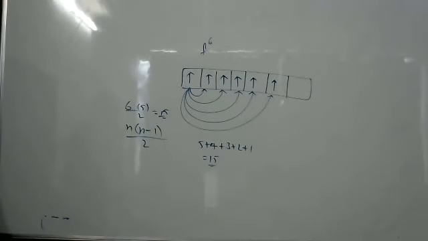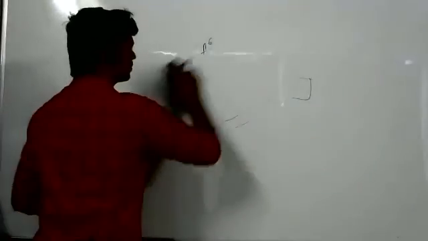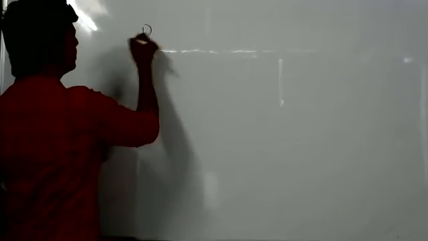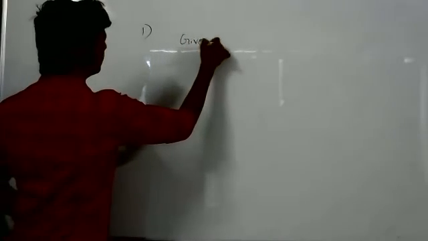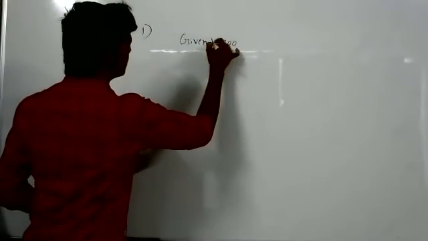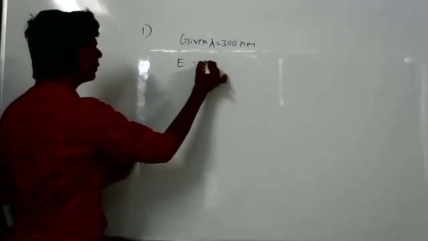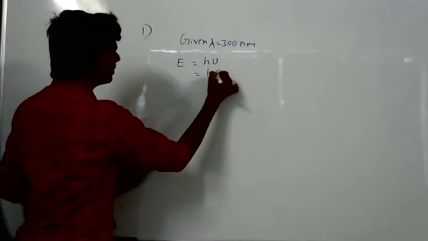First of all, convert 300 nanometers into energy, then convert into electron volt, and you will get the answer. Given lambda equals 300 nanometers. We know the energy formula E is equal to h nu, that is hc by lambda.